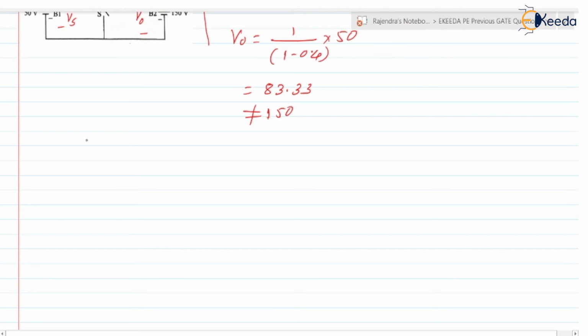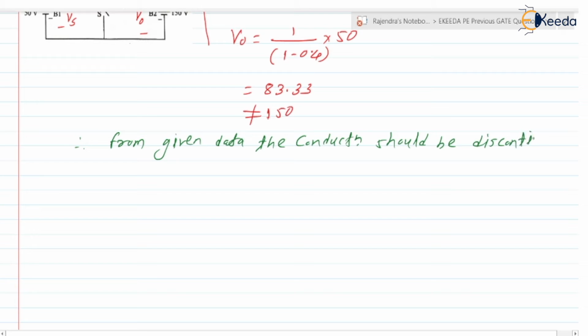Therefore, from the given data, the IL conduction should be discontinuous. Conduction should be discontinuous.